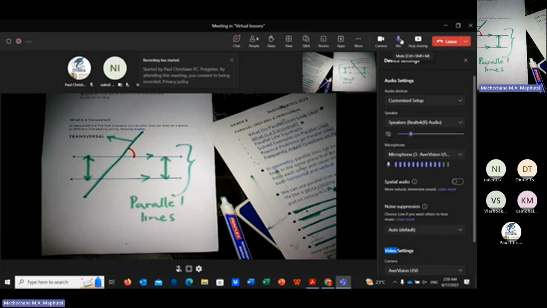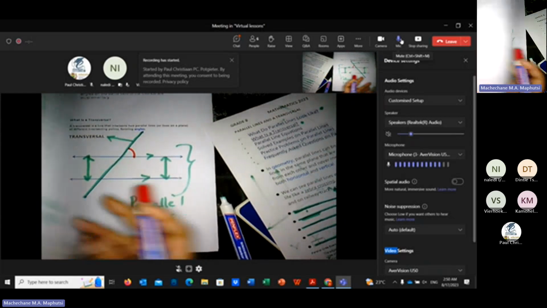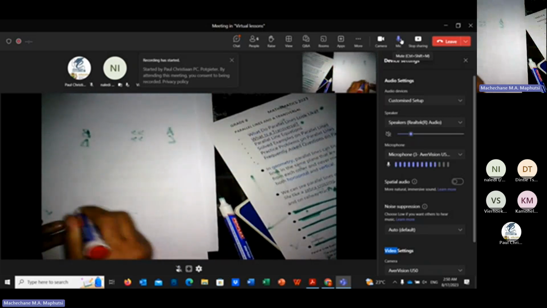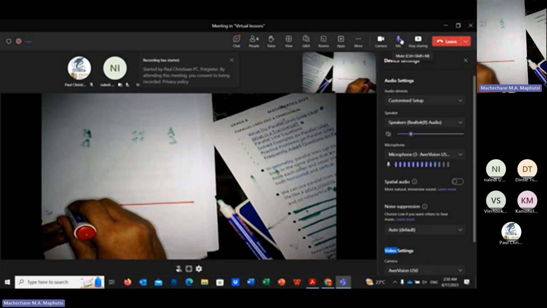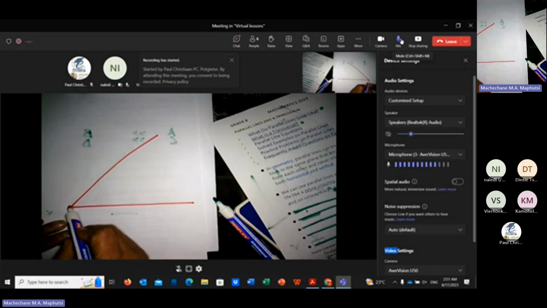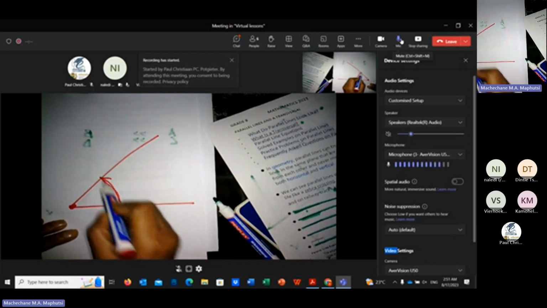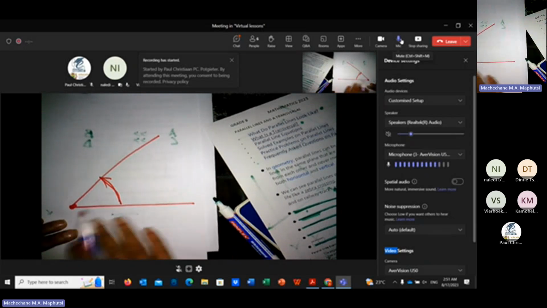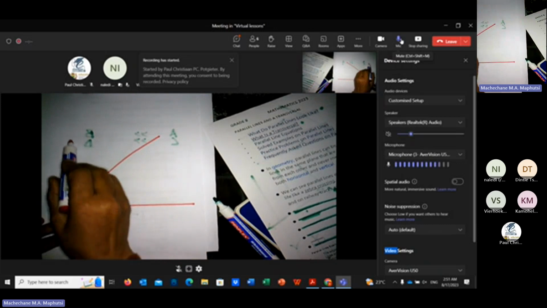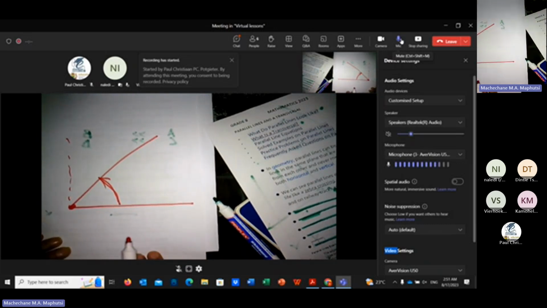As you know, an angle is formed by two arms. If I'm having an arm and another arm with a common vertex, the angle is going to be formed there. This is one of the angles that you know because it is less than 90. We call it an acute angle.